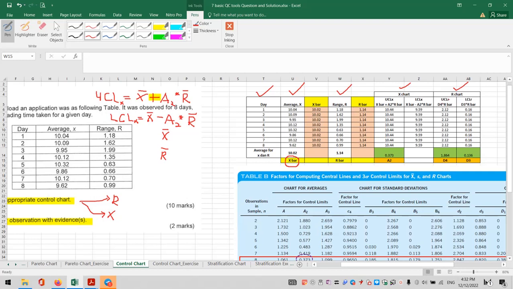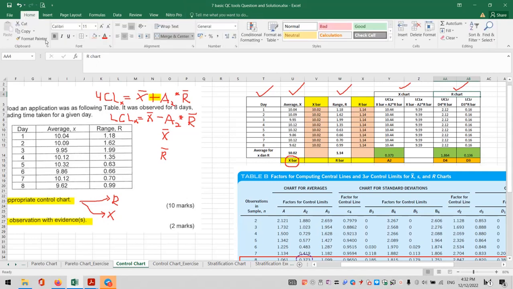And to calculate the upper control limit for the R chart, here is for the R chart, here is for the X chart. So for the R chart, the formula is quite different from the X chart.